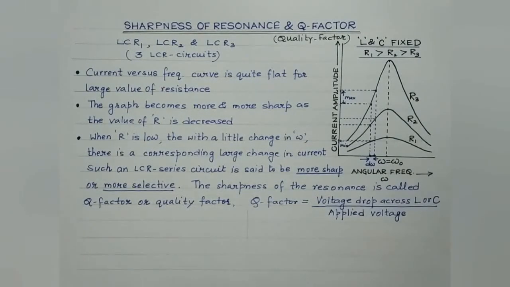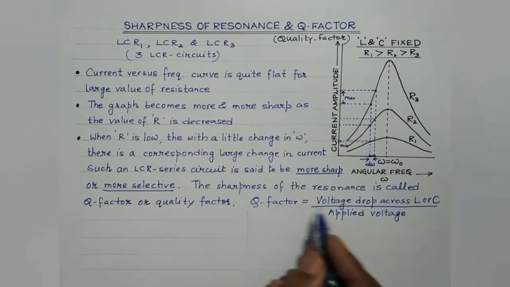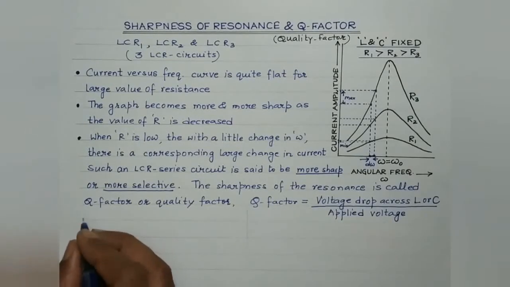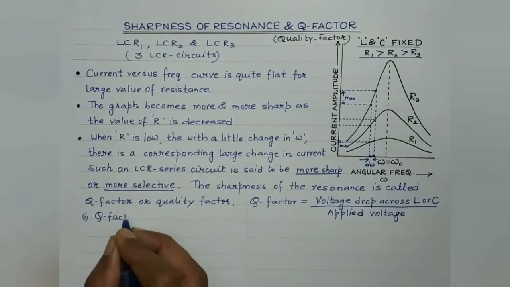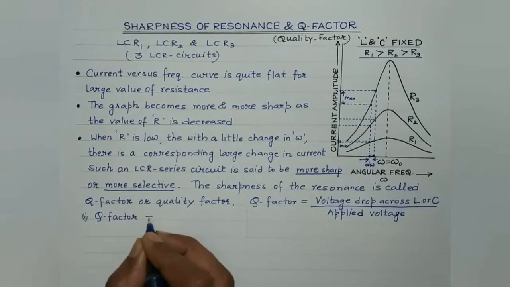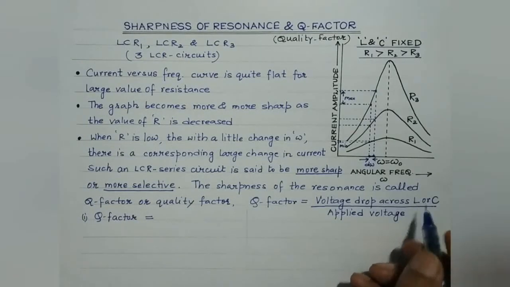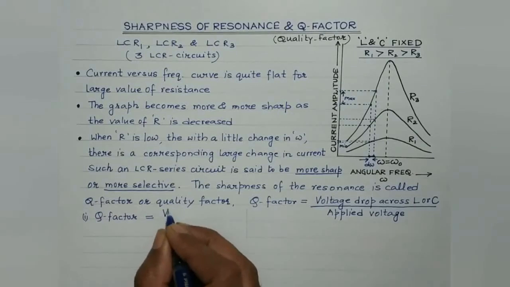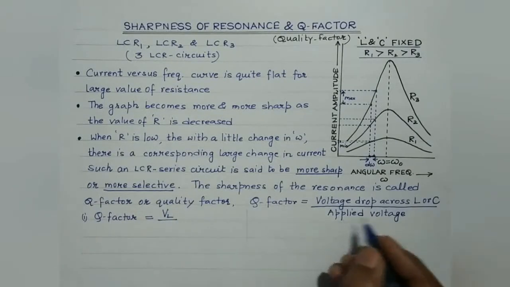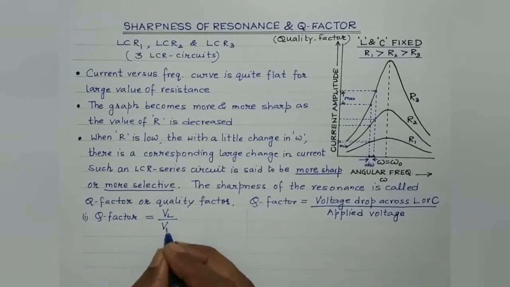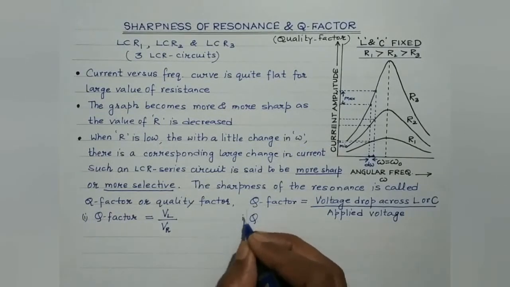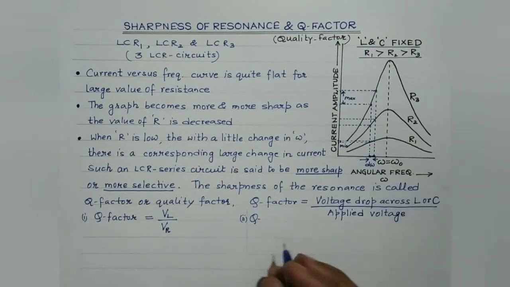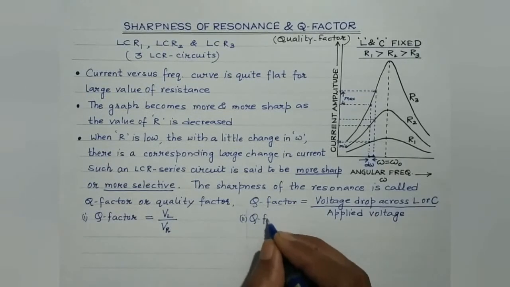So this is how the Q factor is calculated. Now students, let us find out the expression for the Q factor. Let's consider the first case. Q factor, using the voltage drop across L divided by the applied voltage, that is, VL divided by the applied voltage, which at resonance is VR. While if we use the voltage drop across C, we should get the same expression.